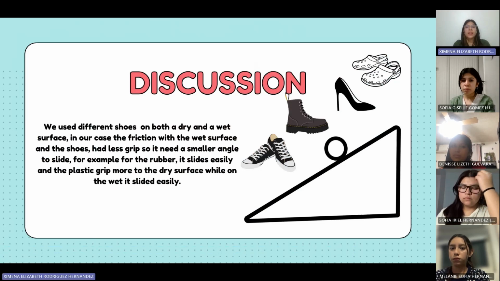In our case, with the wet surface the shoes had less grip, so it needed a smaller angle, except for the Converse.